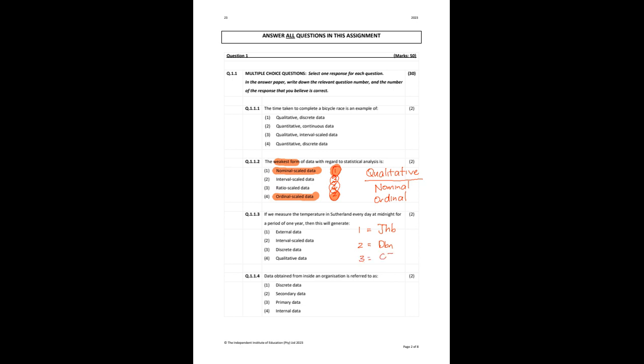The list would continue. So, here, the idea is that there is no clear, proper, very large distinction between them. So they're more or less equal. And although there are numbers involved here, the numbers don't mean anything. It's just helping you to distinguish between or identify where a person resides. And then you have lists and categories that are non-numeric in nature as your options or your list of information. So this is nominal data.